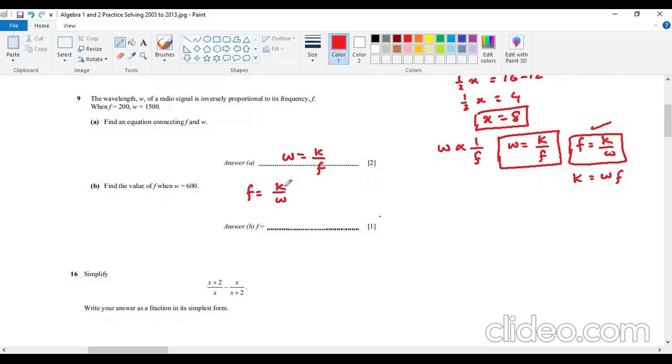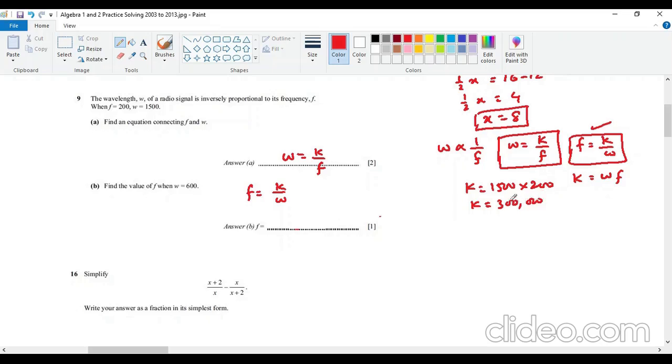To find out k, in the question itself it says w equals, so we are going to find out k. That means k is equal to, w is how much, 1500 multiplied by 200 is going to give us k is 300 thousand.